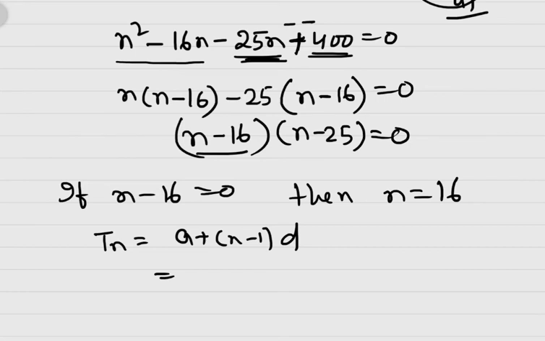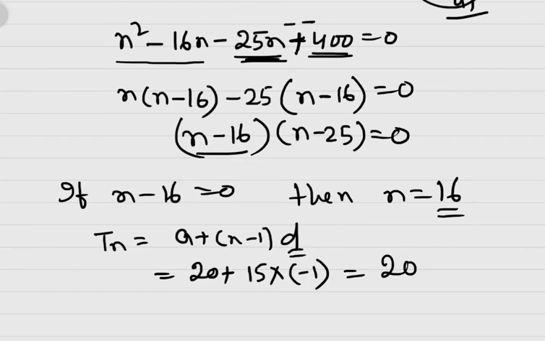What is your a? a is 20, plus if you are taking n equal to 16, then n minus 1 will be 15, and your d is equal to minus 1. So you will get 20, then plus 15 into minus 1 is minus 15. So 20 minus 15, which will be equal to 5.